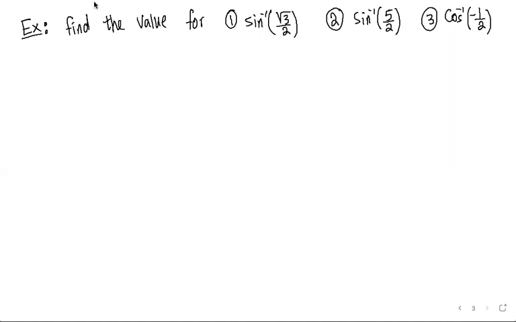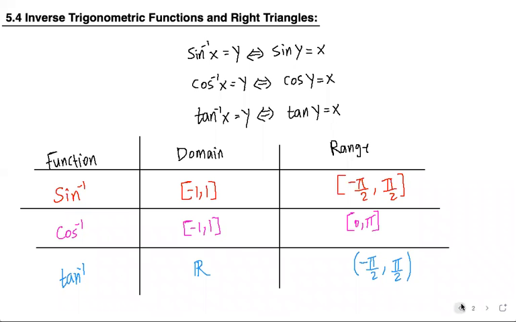I'm going to do the first one step by step: how to find the sine inverse of square root of 3 over 2. To find the sine inverse using the first property, sine inverse of x equal y means the sine of y equal x.